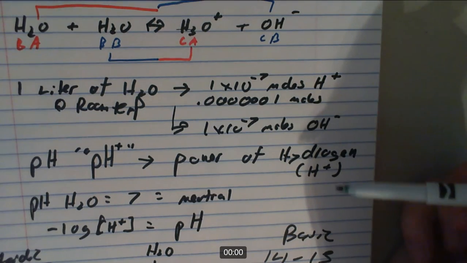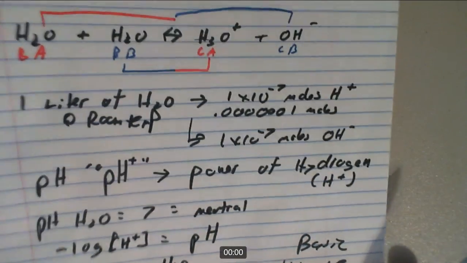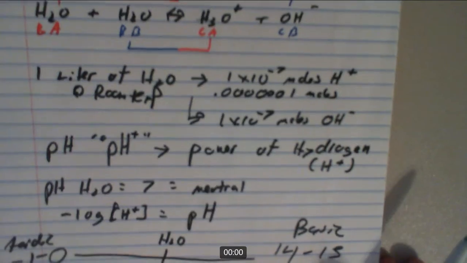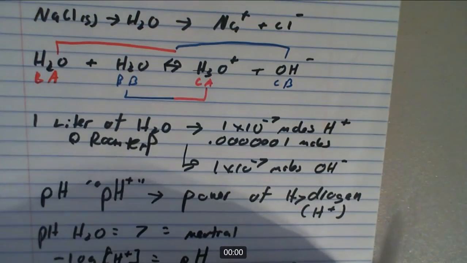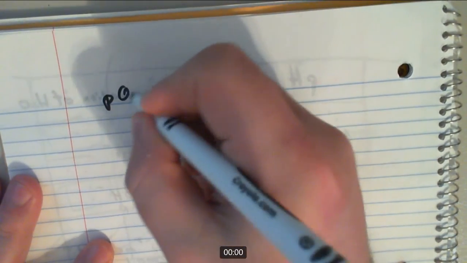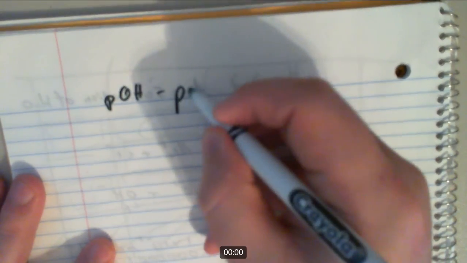So, does that mean there is a pOH scale? Can we look at just the power of hydroxide? And the answer is yes. Yes, we can. There is a pOH scale. So pOH is just the opposite of pH. Okay? This is the power of hydroxide.